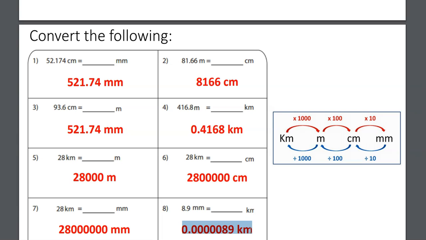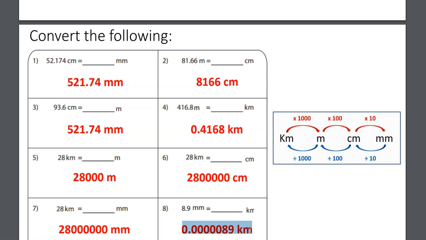Okay? So that's just for the sake of practice. That's not a calculation you would normally want to do, because if something is 8.9 millimeters long, then millimeters are the appropriate unit. But this just goes to show that it is possible.